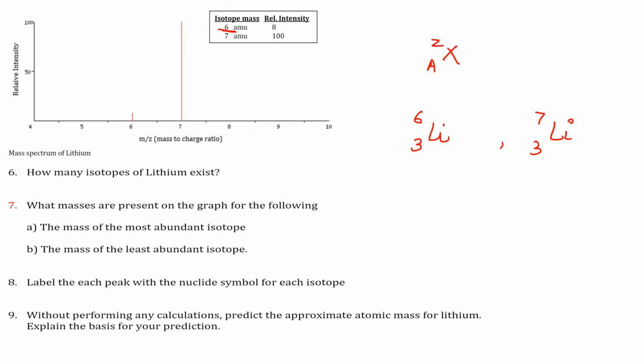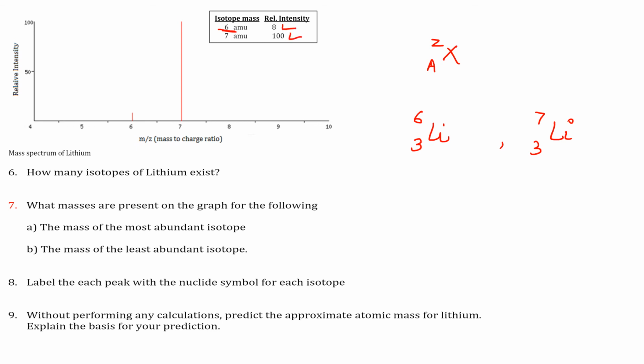The next question is, without performing any calculations, predict the approximate atomic mass for lithium. So what does this mean? You don't have to do the calculation which we did for the average atomic mass; you have to predict what the average atomic mass for lithium would be. So how would we do it? We can see the relative intensities here.